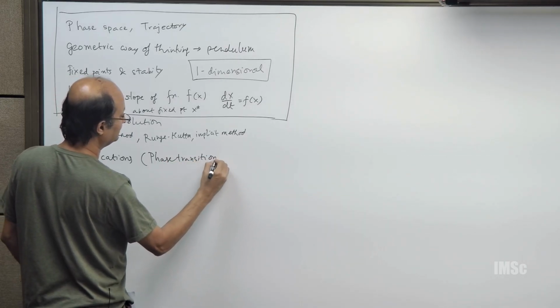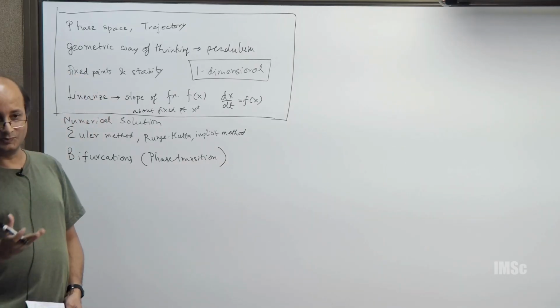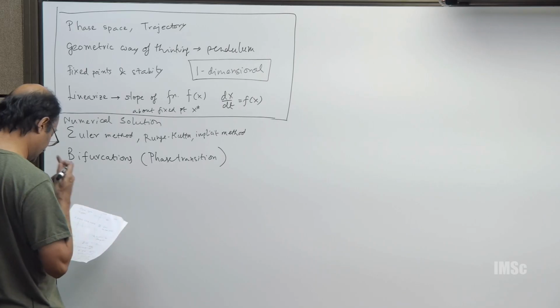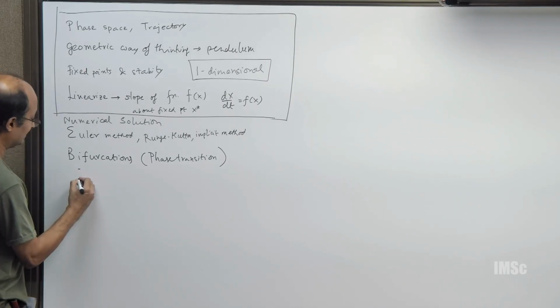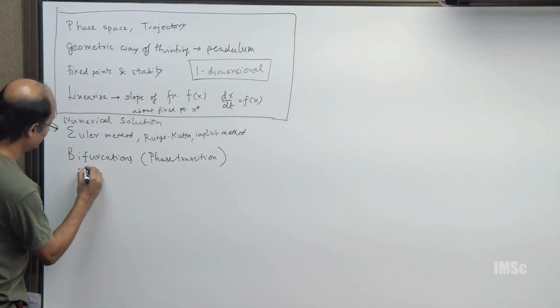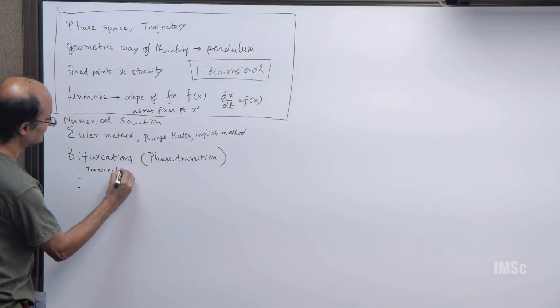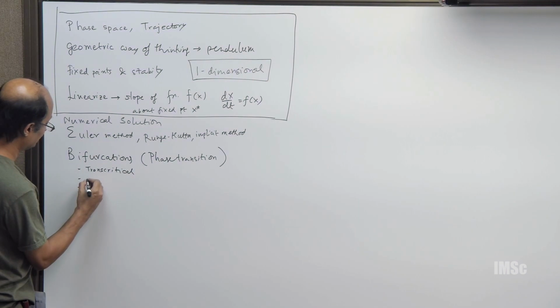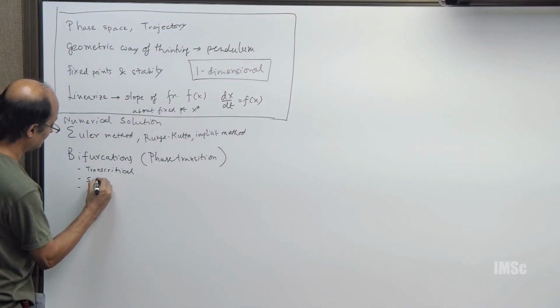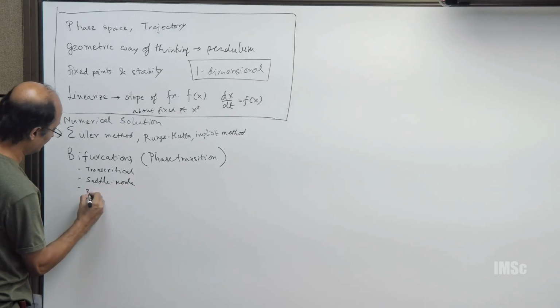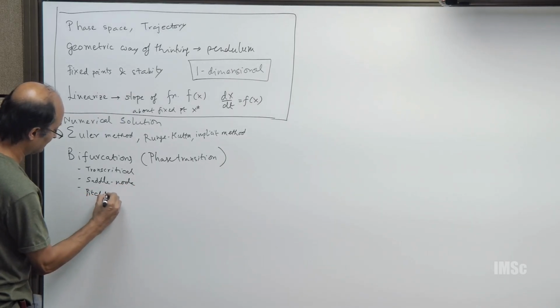In fact, we do see things like critical exponents here also. Okay. And in particular, we will be working with the three bifurcations, namely transcritical. There are only three types of bifurcations that can occur in one dimensional systems: saddle node and pitchfork, and we will see particular examples of these.